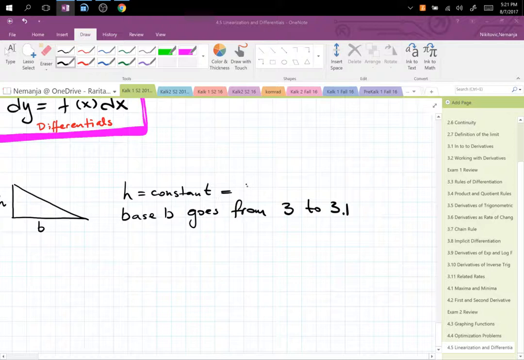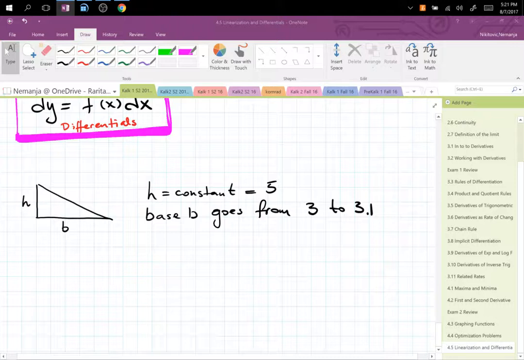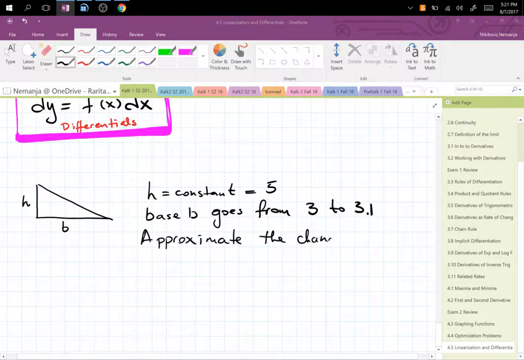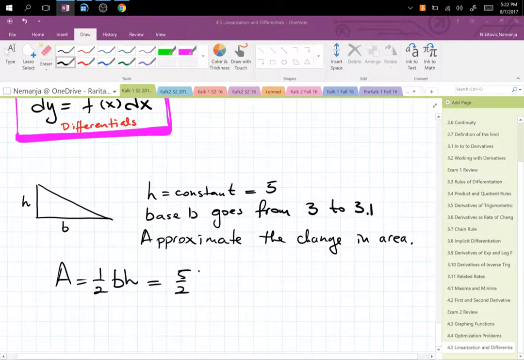And height is constant always, let's say 5. Approximate the change in area. You have to have a motion, guys. Something has to change, so the input variable has to change in order for the output, the dependent variable, to change. In this case, area. So we know the area of the triangle is 1/2 base times the height. In this case, height is always constant, so it's 5/2 b.